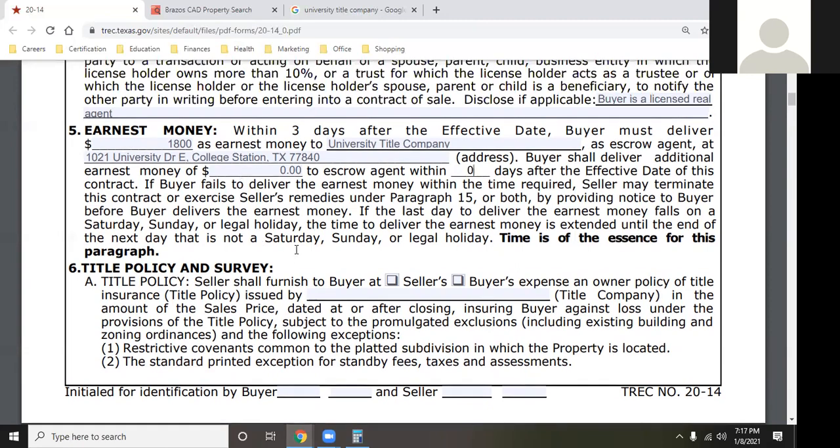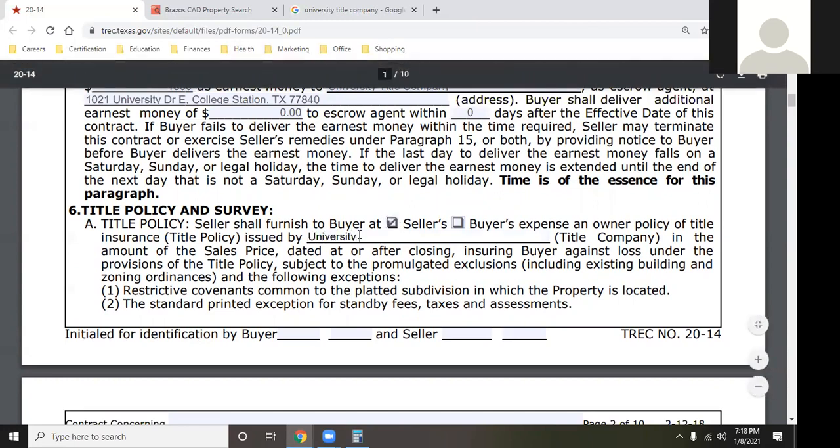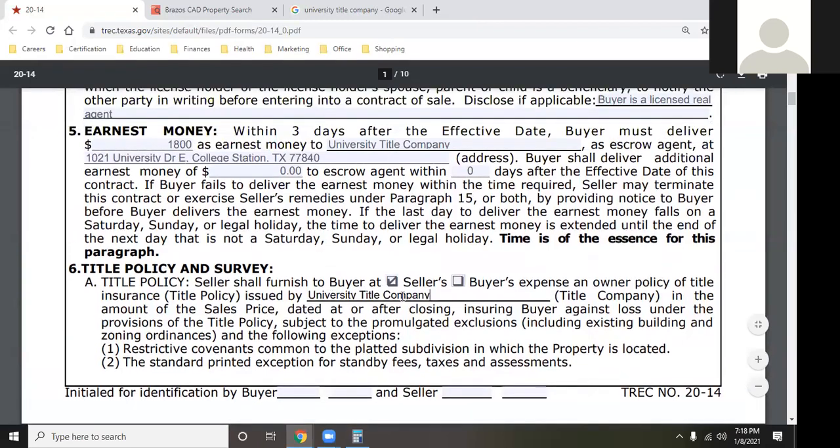Now in title policy, the standard is the seller pays for it, because the seller is the one benefiting in this situation. And it's going to be, again, University Title Company, normally the same people here.